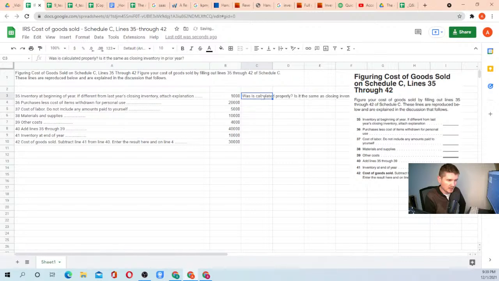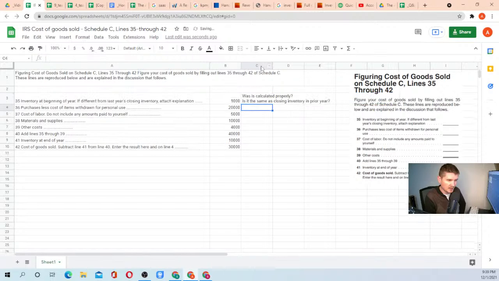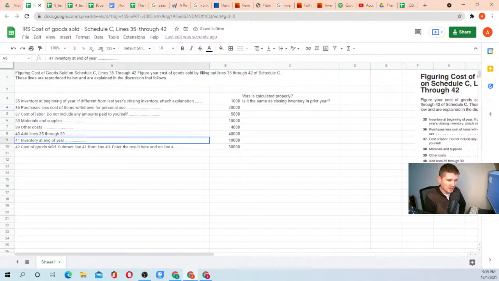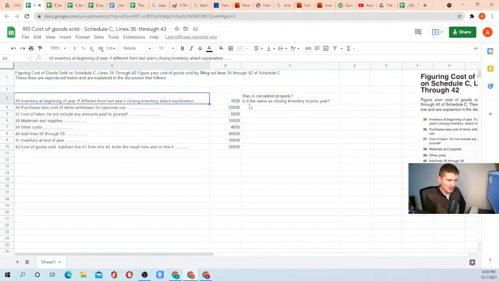So basically, for the opening inventory, we need to know whether it was calculated correctly and whether it is the same as our inventory at the year end of the year before. So that's what we need to know.